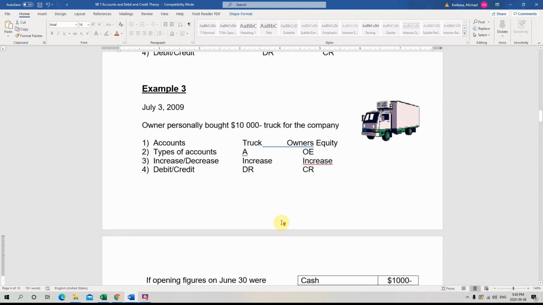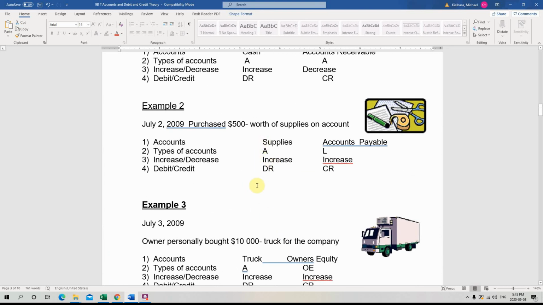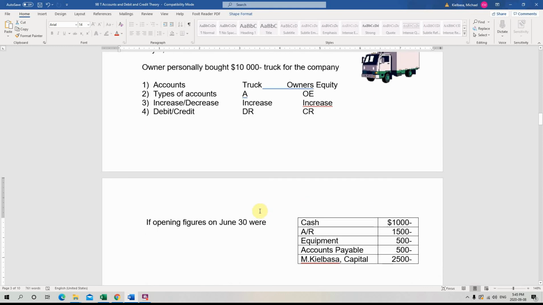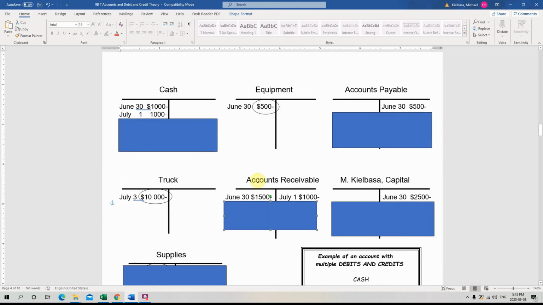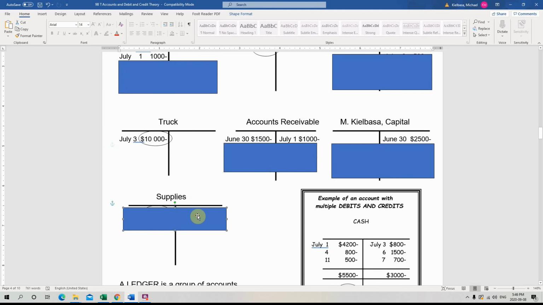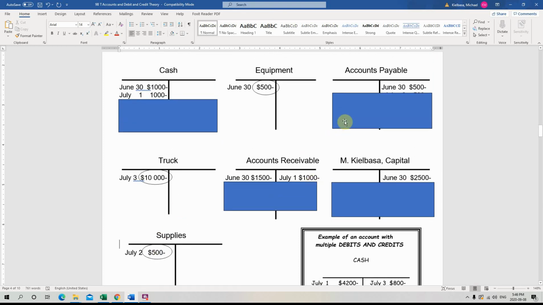Now, if we remember, in the second one, we purchased $500 worth of supplies on account. So supplies, we bought $500 worth of supplies. So on July 2nd, we're going to record a debit of 500, and we record that we now owe $500 more.